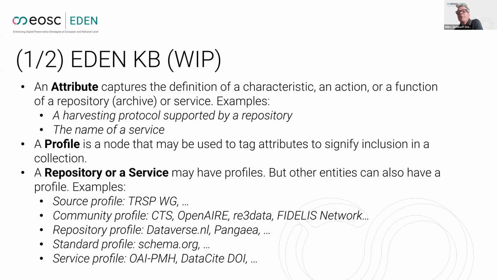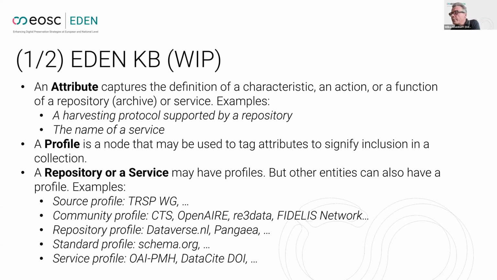They have defined profiles, where they listed attributes that we can link into one profile. The same goes for community profiles, for instance, the CoreTrustSeal, Registry data, or even the upcoming Fidelis network, the TDR network.